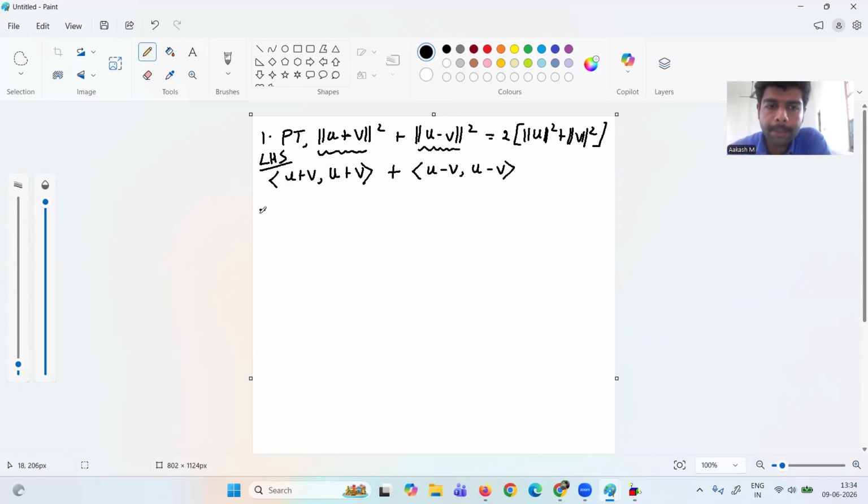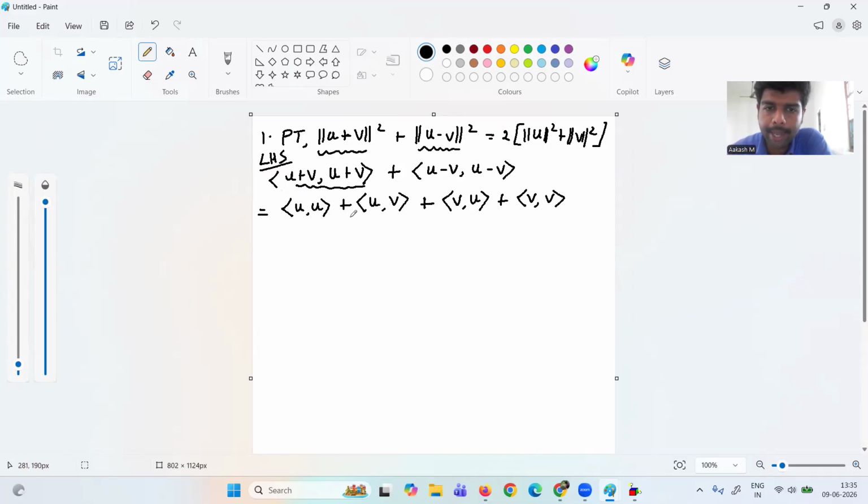Now usual multiplication. That is U, comma, U plus U, comma, V plus V, comma, U plus V, comma, V. I have simplified this term.